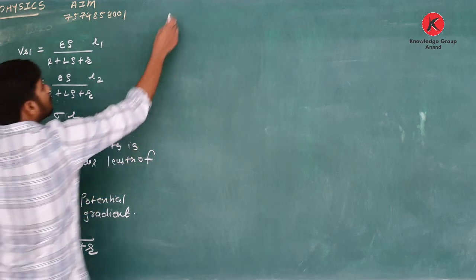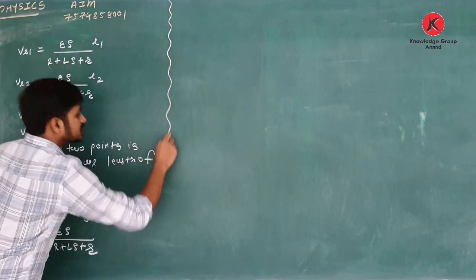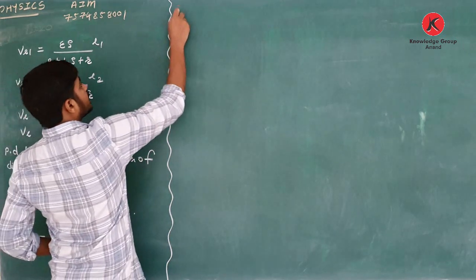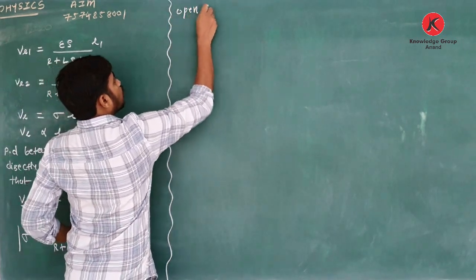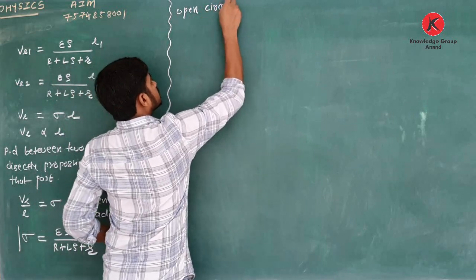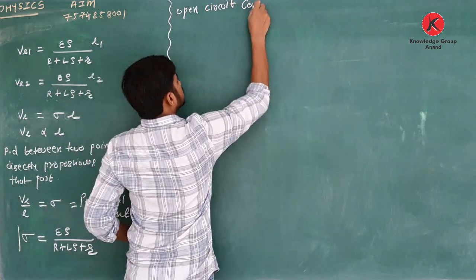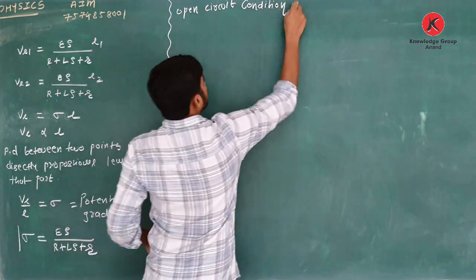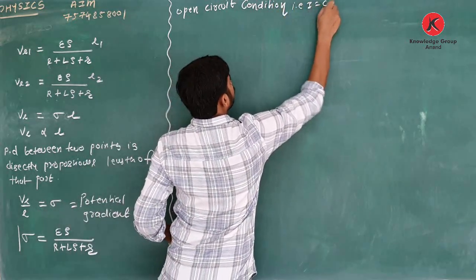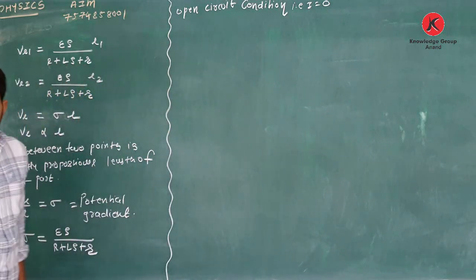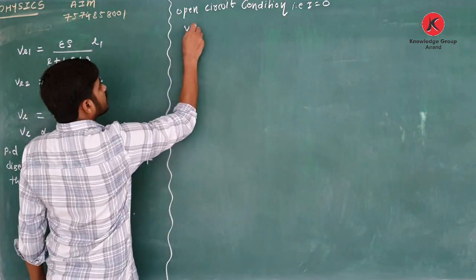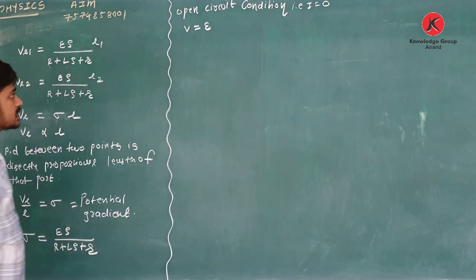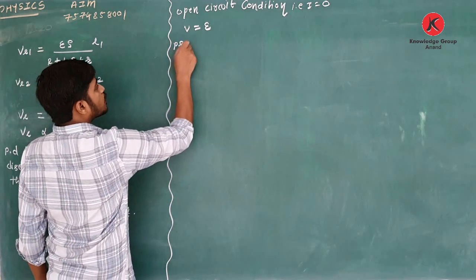Now we will combine two conditions. See, in open circuit condition, means when I is equal to 0, we have proved that V is equal to E. Yes or no? Yes it is. And what is the principle of potentiometer?